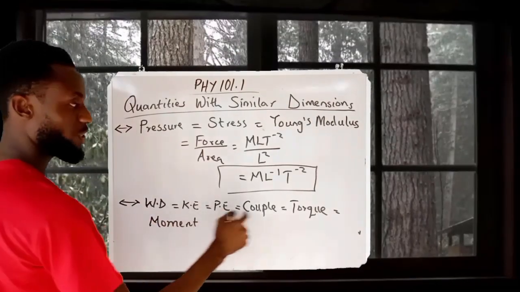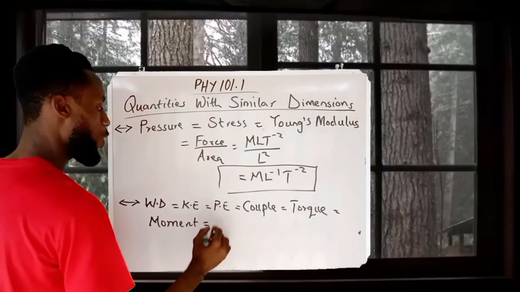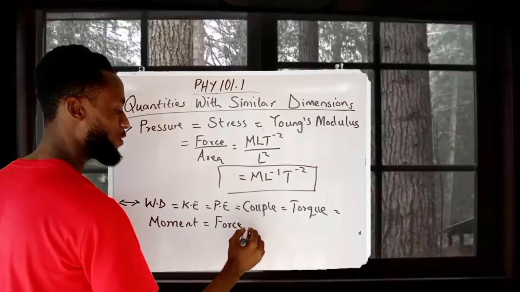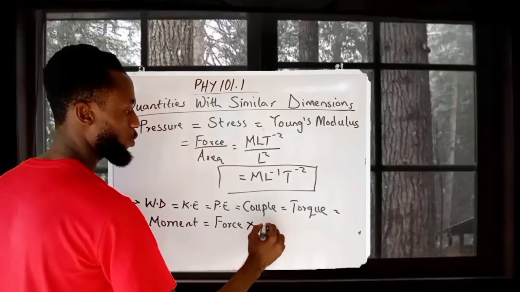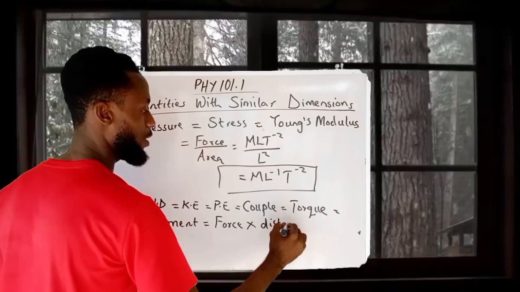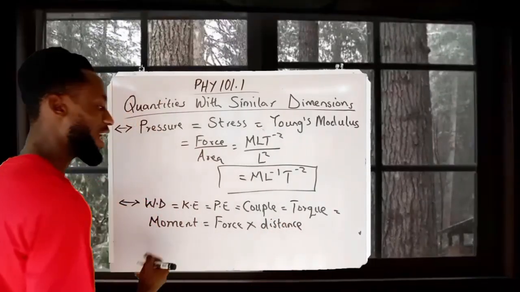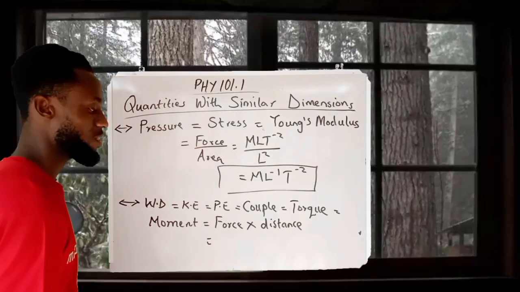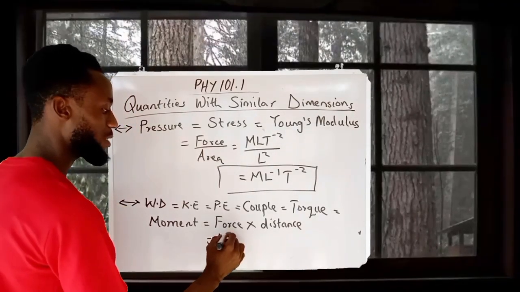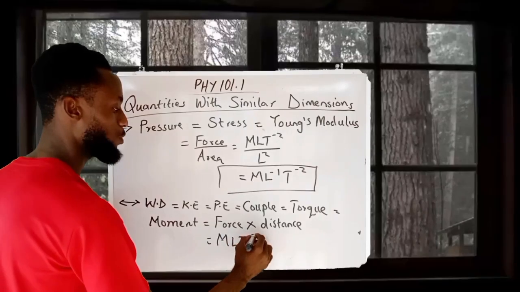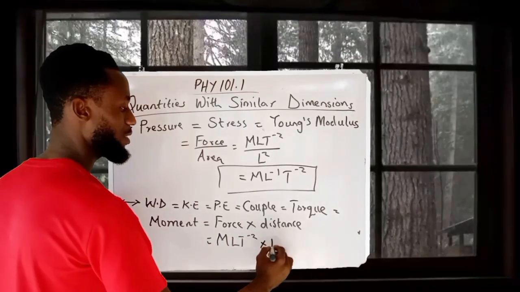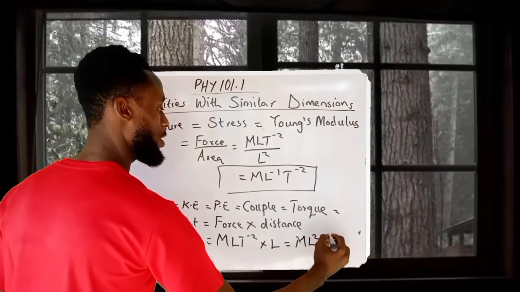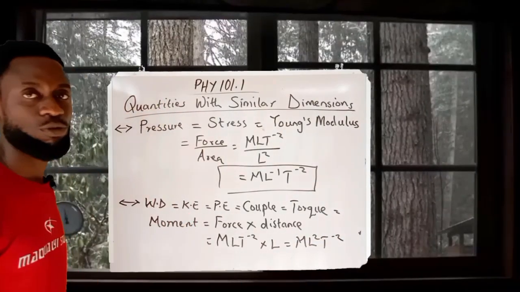All of these six quantities share the same dimension because their formula always at the end of the day comes with force times distance. Even though kinetic energy is half mass times velocity squared, the unit still works as force times distance. So what would that be? Mass times acceleration, which is LT^-2, multiplying distance. This gives us M L^2 T^-2.